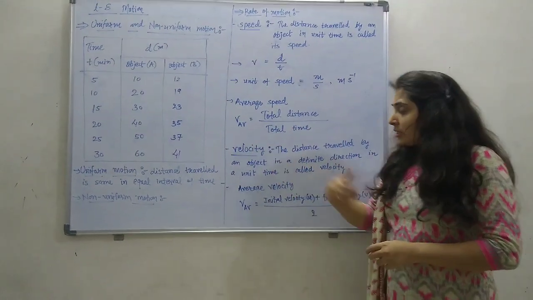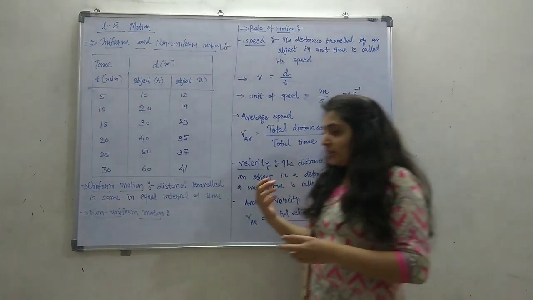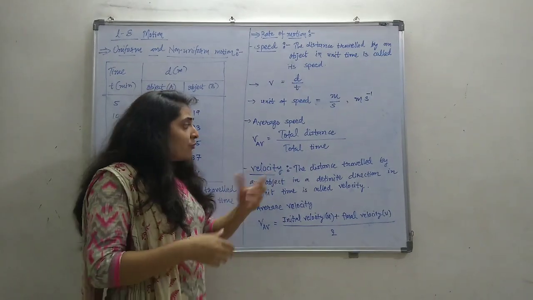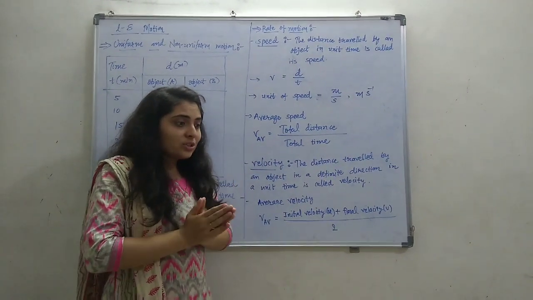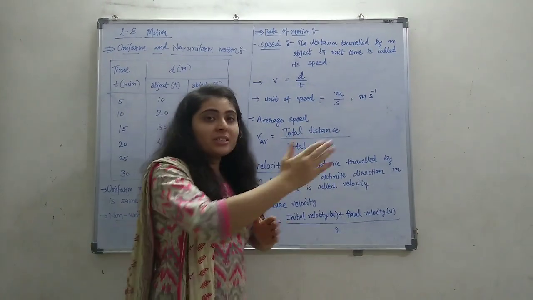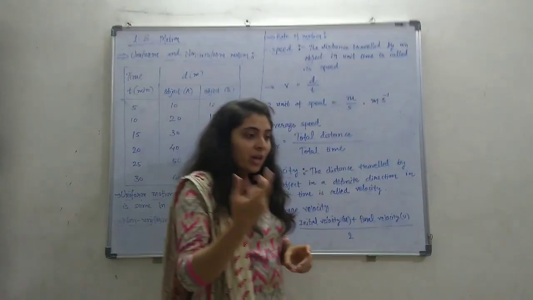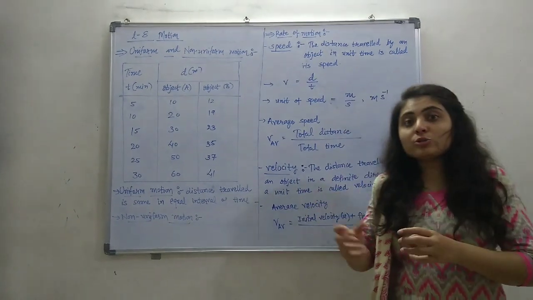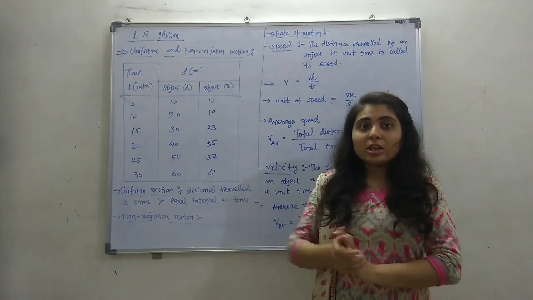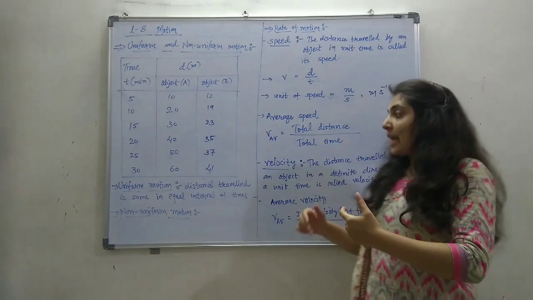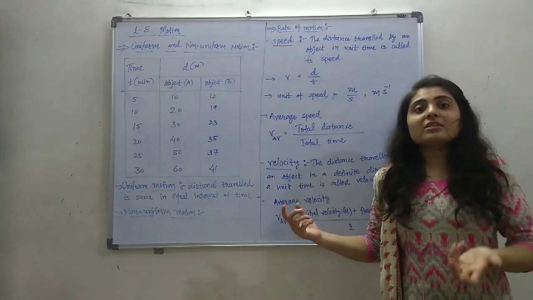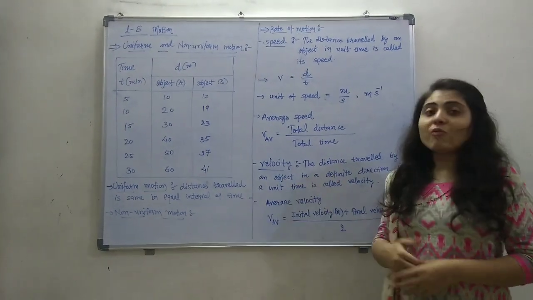Now, another quantity. In speed, we consider the distance traveled by the object, the magnitude of distance. If we are also considering the direction in which the object is traveling, then that defines another quantity, that is velocity.